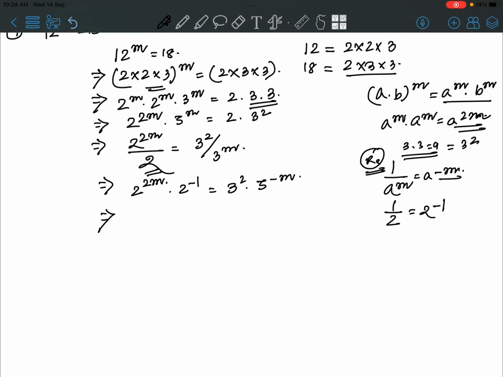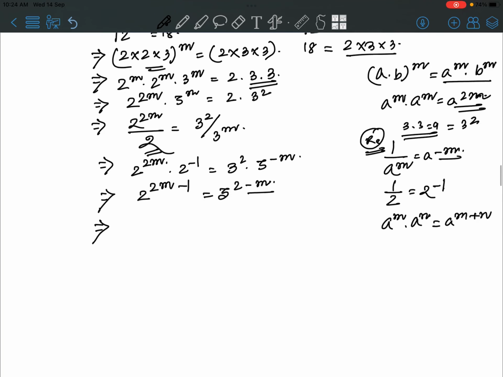Now which formula will we use? We will use the formula a to the power m into a to the power n equals a to the power m plus n. So in this case, 2 to the power (2m minus 1) equals 3 to the power (2 minus m).